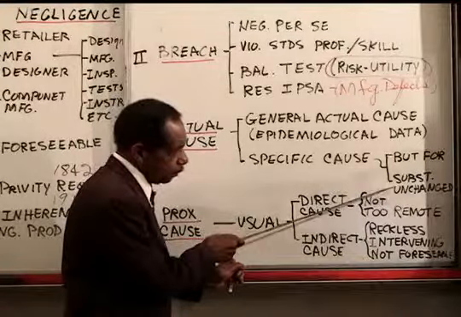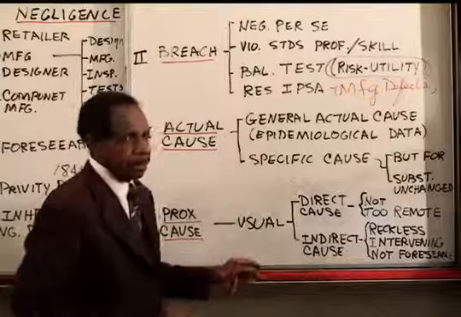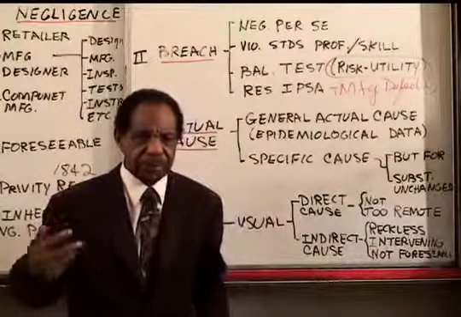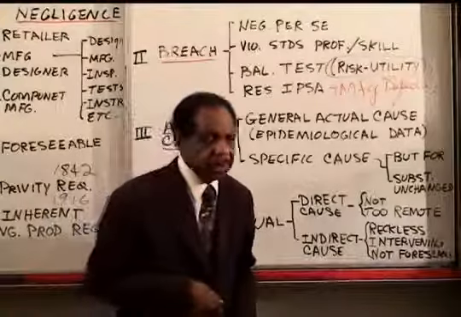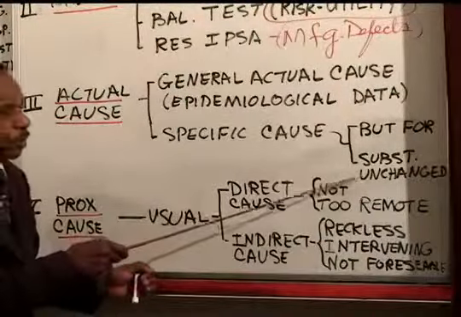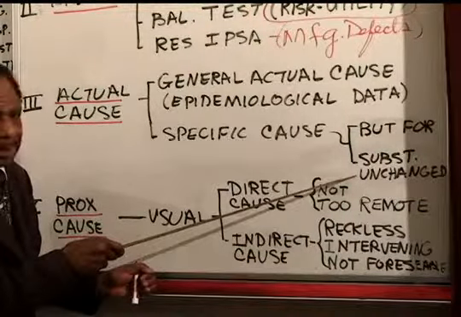Here, don't forget one other factor that comes up on actual cause: if the item was substantially changed, the lawnmower has been repaired in some major way or something, if the item doesn't get to the consumer substantially unchanged, then the manufacturer would not be liable.